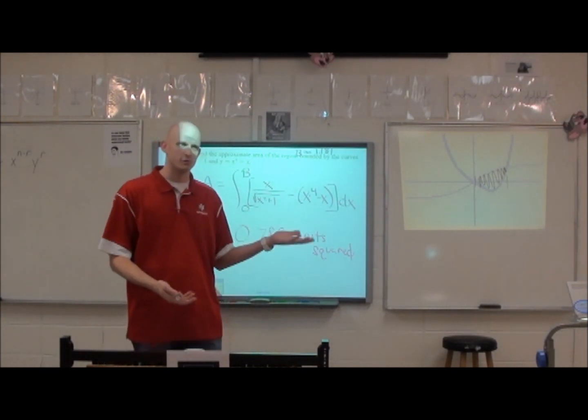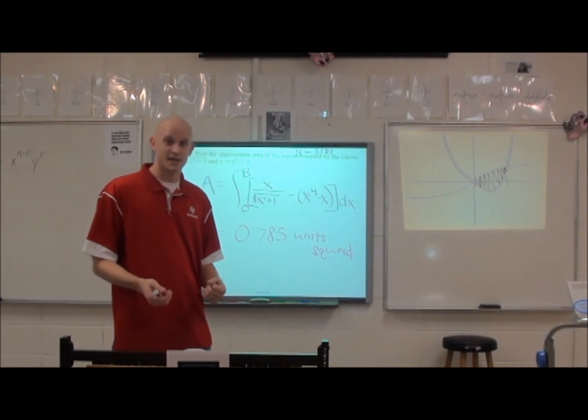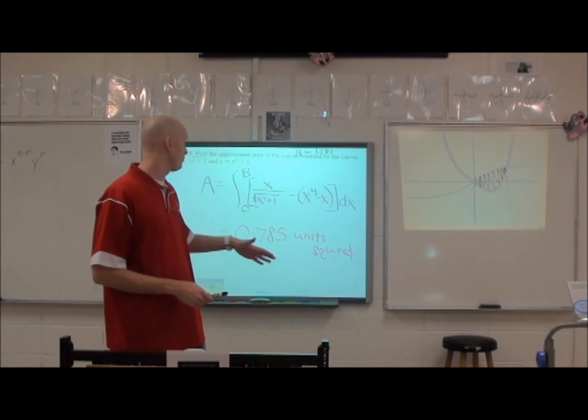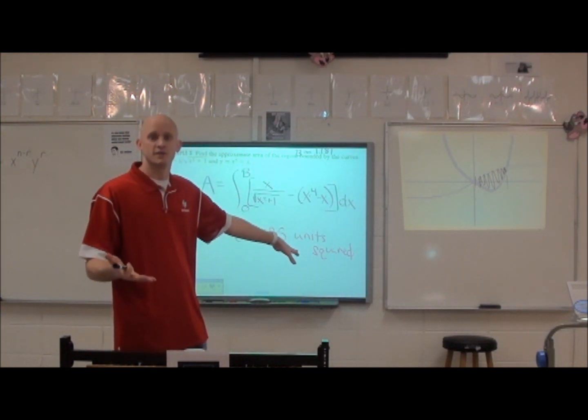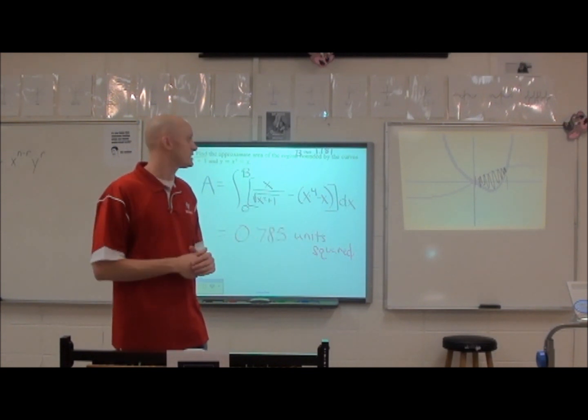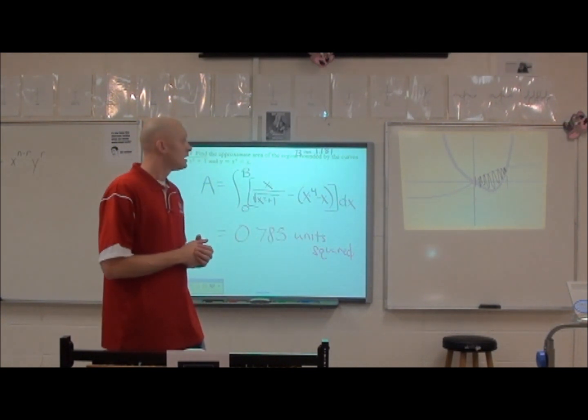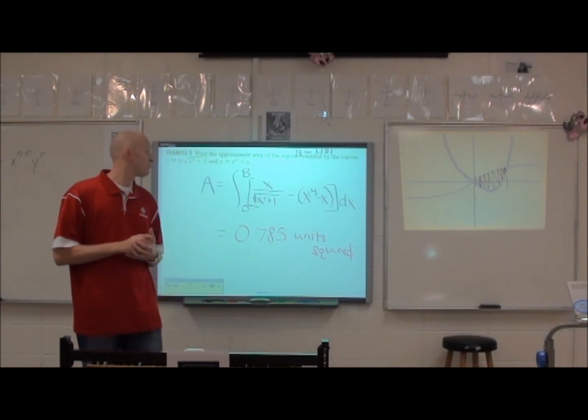Remember, it's area, so the units will be squared. Once we start applying these things to actual real-world problems, we'll have actual units and we'll find square feet or whatever the units happen to be. That is all for example 3.